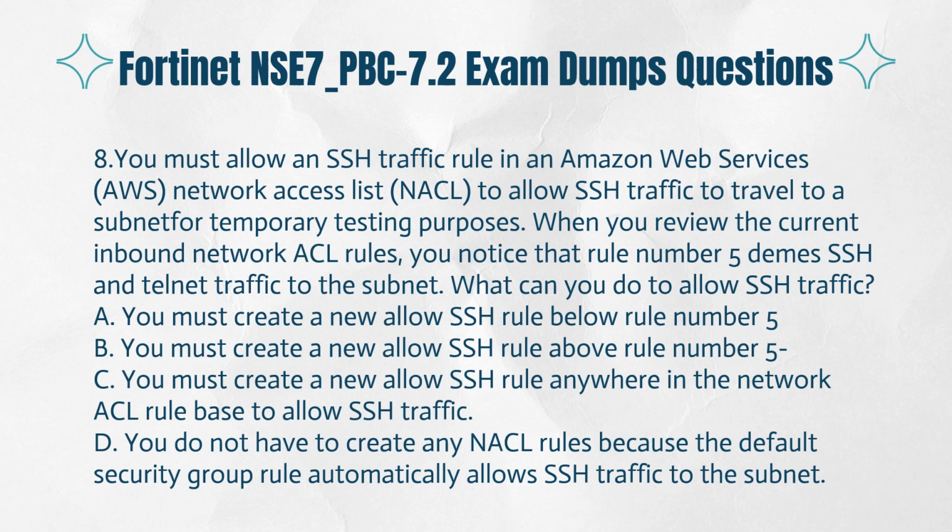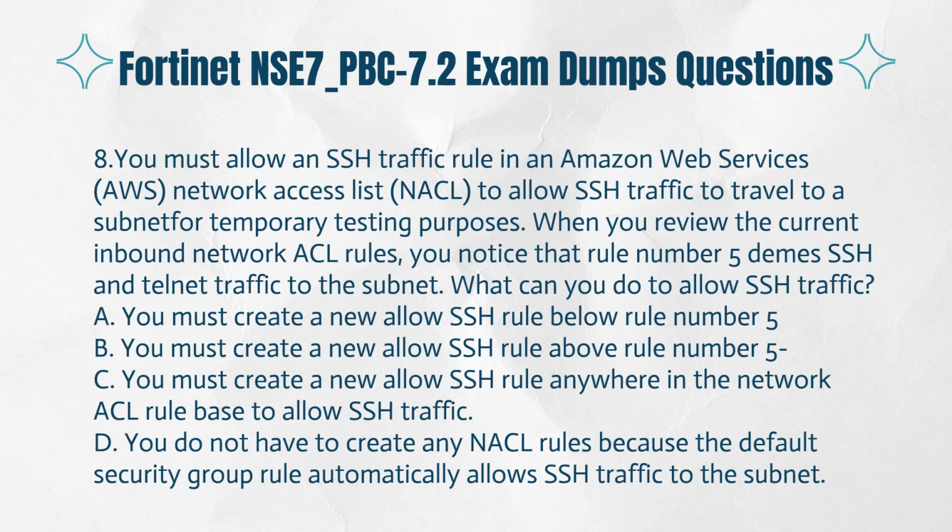A. You must create a new allow SSH rule below rule number 5. B. You must create a new allow SSH rule above rule number 5. C. You must create a new allow SSH rule anywhere in the network ACL rule base to allow SSH traffic. D. You do not have to create any NACL rules because the default security group rule automatically allows SSH traffic to the subnet.